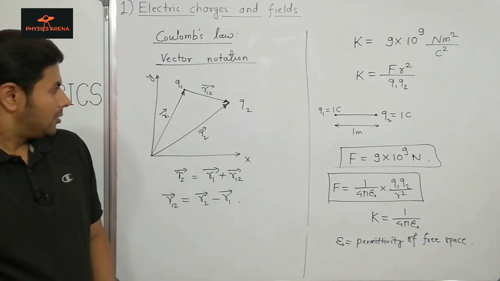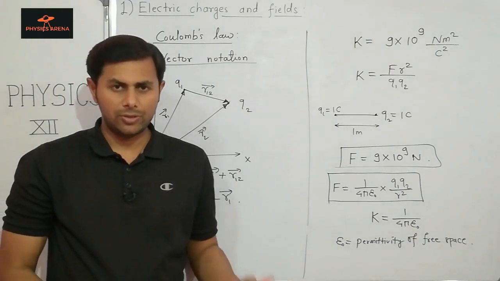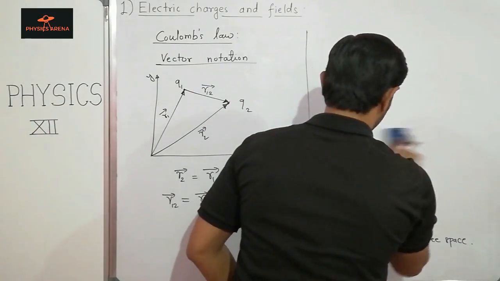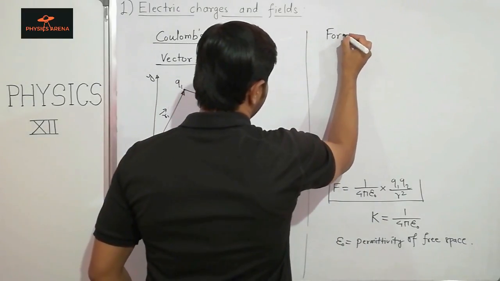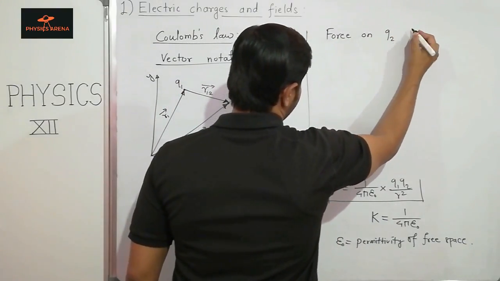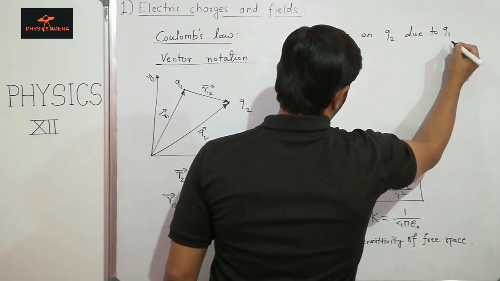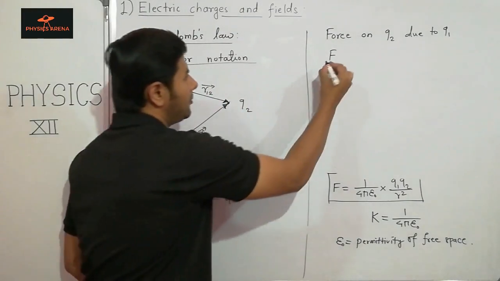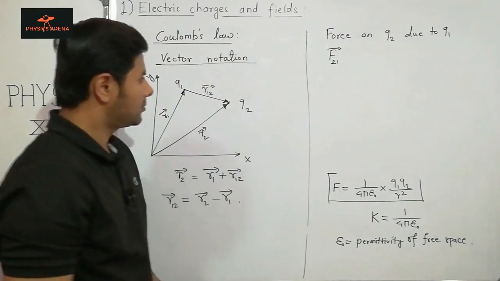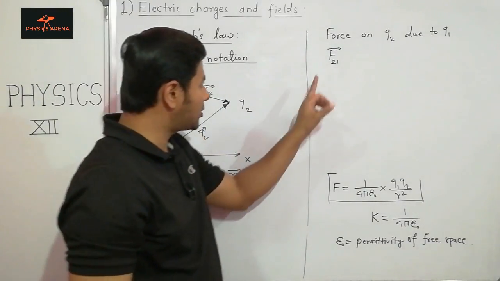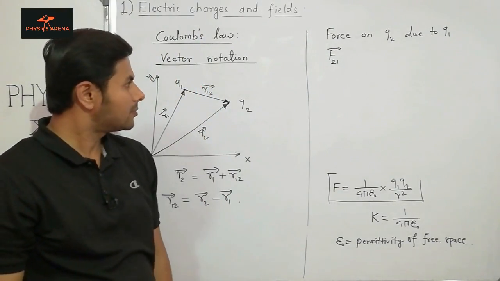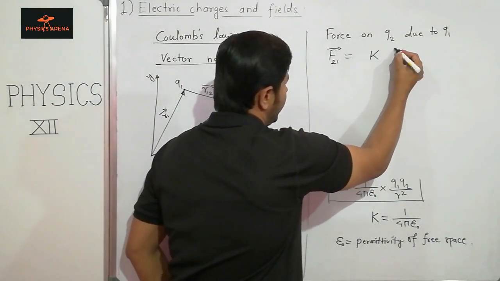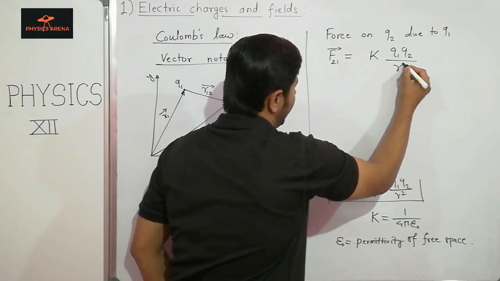Now let's write the force on Q2 due to Q1. We will denote this force by F21. So this is the force on Q2 due to Q1. It is equal to K into Q1 Q2 divided by R squared.